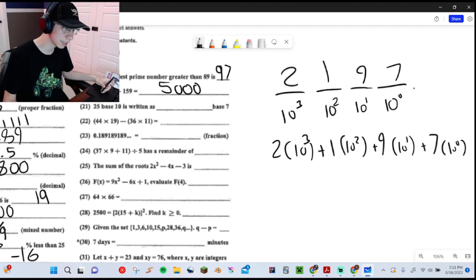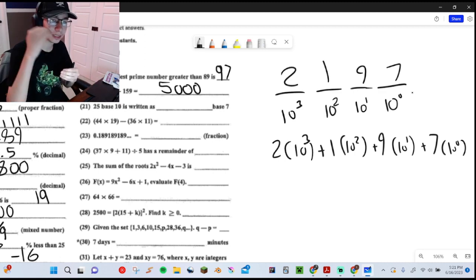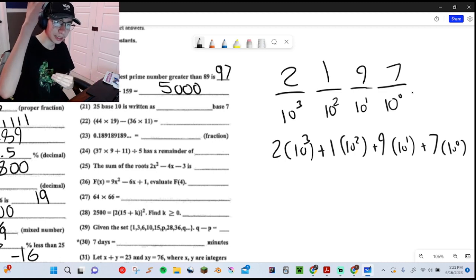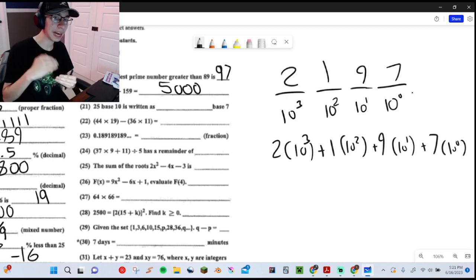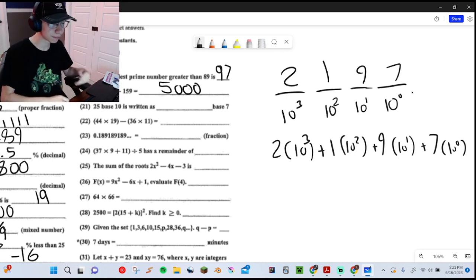And so basically, when we talk about base 10, what we mean is these different place values, the ones, tens, hundreds, thousands, are powers of 10.